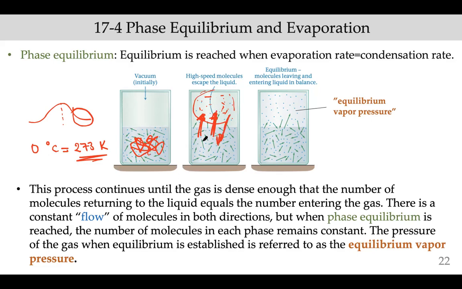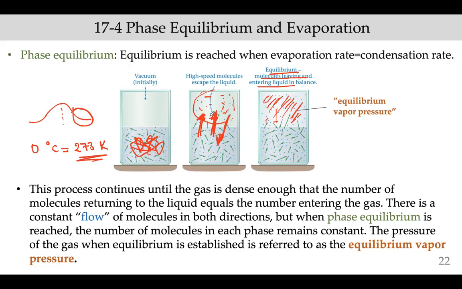When this equilibrium is reached, molecules leaving and entering the liquid are in balance, so the rate is in balance. In that case, we have equilibrium vapor pressure. Whenever you have a liquid in a container, there is always some gas at the top of that liquid.